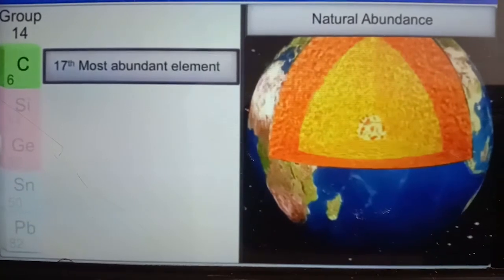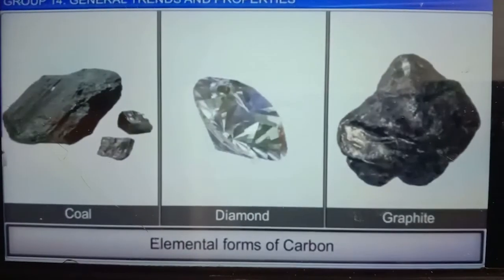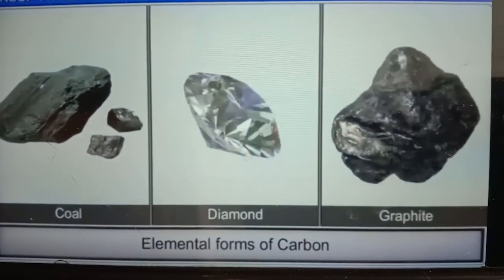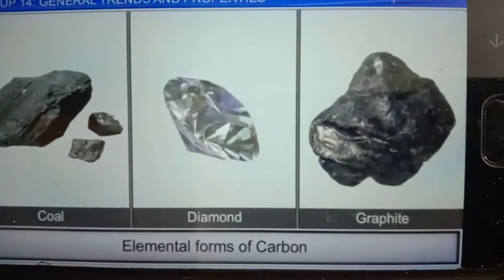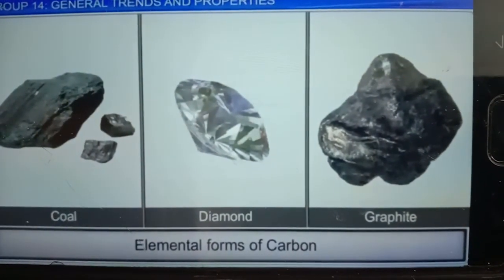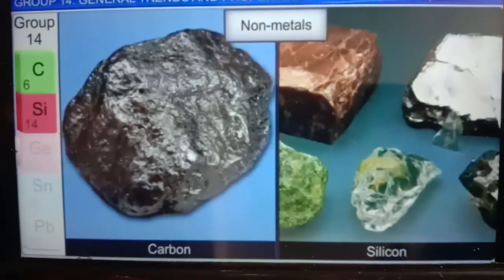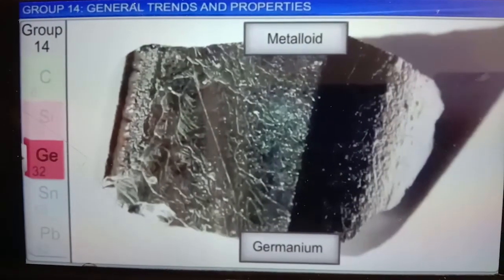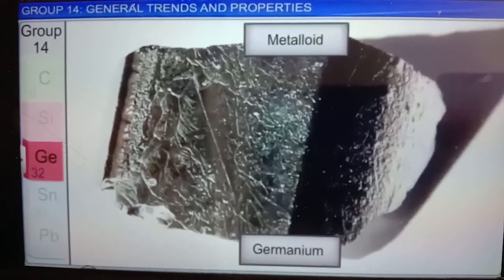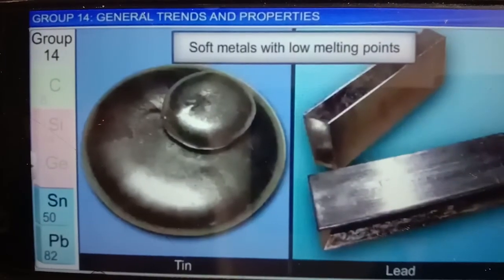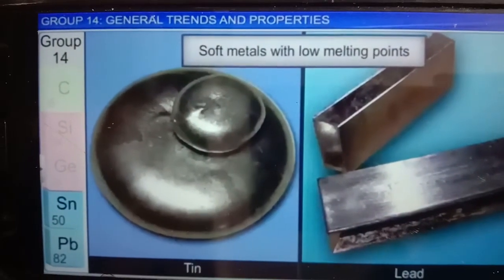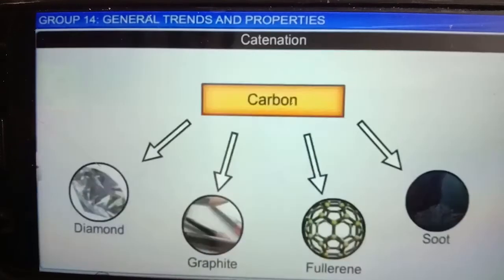Carbon is the 17th most abundant element, and occurs as coal, diamond and graphite. Carbon and silicon are considered non-metals, germanium is a metalloid, and tin and lead are soft metals with low melting points.